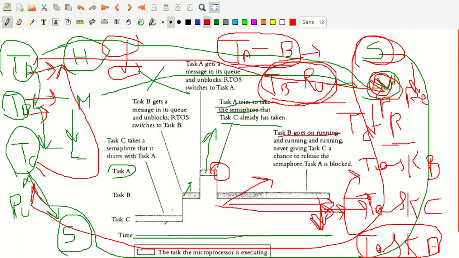Certain times, after it releases the semaphore also, since task C's priority is raised, task C is completed, then task A is taken. Then it lowers its priority, task A completes, but task A doesn't have to wait for task B. That is priority inheritance.